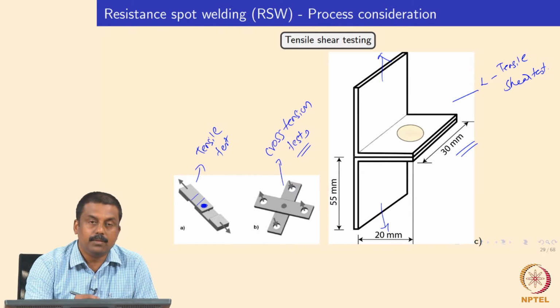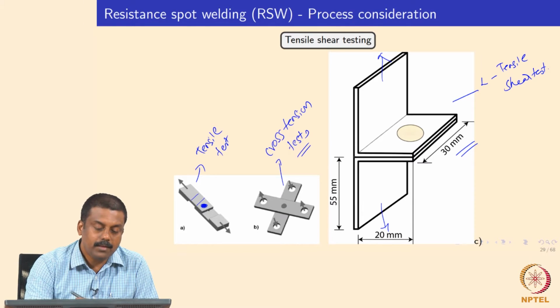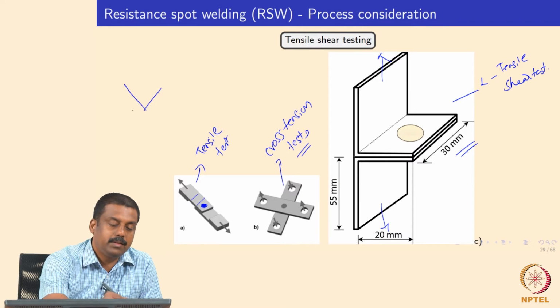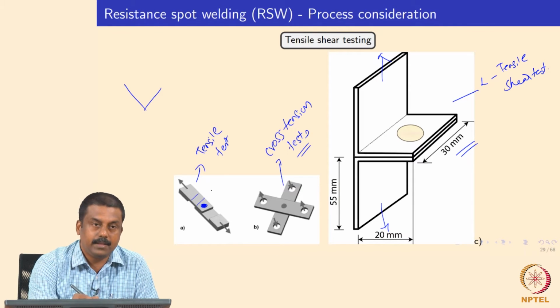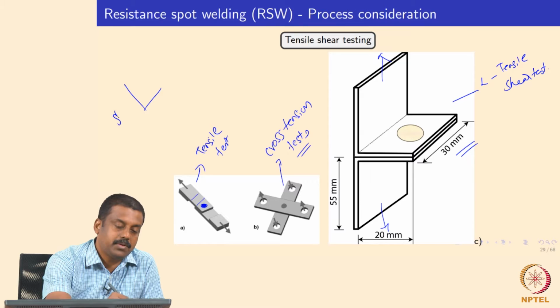We will also calculate other parameters other than the strength, which I will come to in the subsequent slides. Right now, what we have to understand is that in a simple tensile test, we make a spot weld in overlap configuration, pull it, and identify the strength as a function of weld nugget diameter, or as a function of welding current, which would be the same.